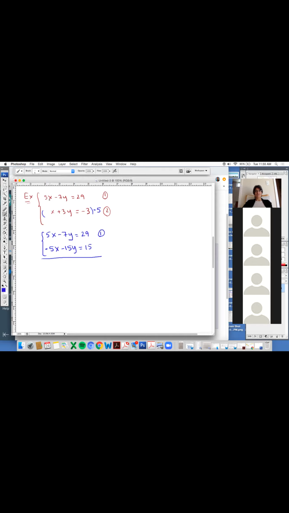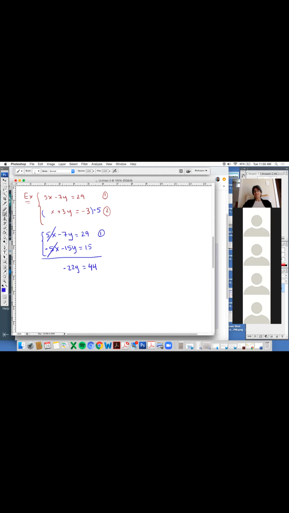Because I have positive 5x on one and -5x on the other, these will cross out. 5x minus 5x is 0, okay? So at the beginning, you're looking at how to make opposites of each other, same number but different sign. And the y's, I get -22y. And for the numbers, I get 44, right?